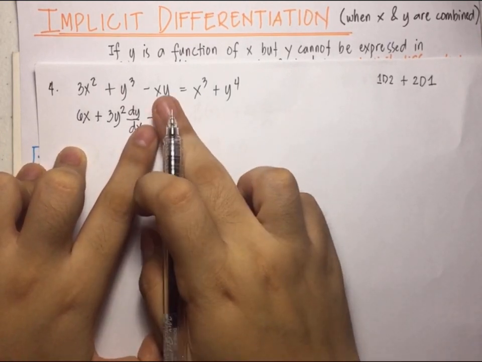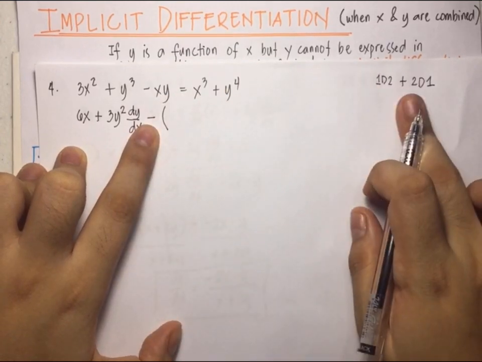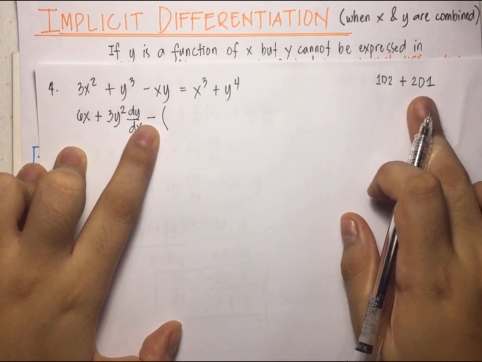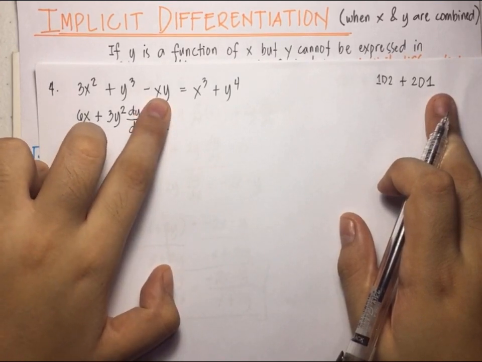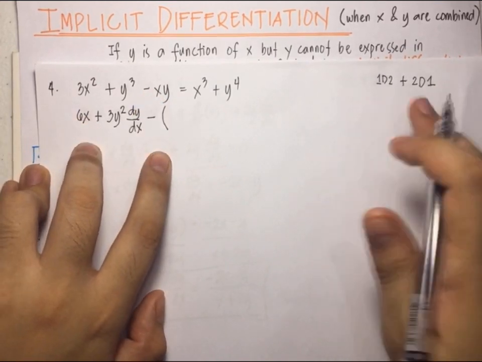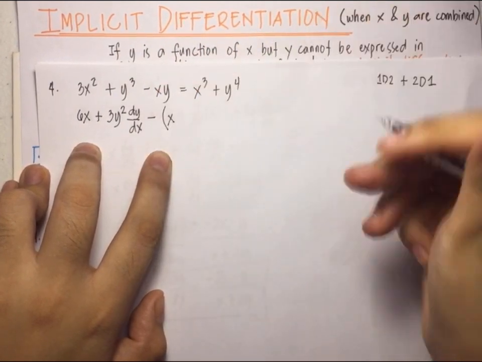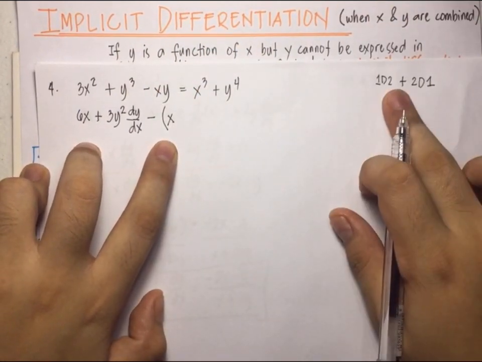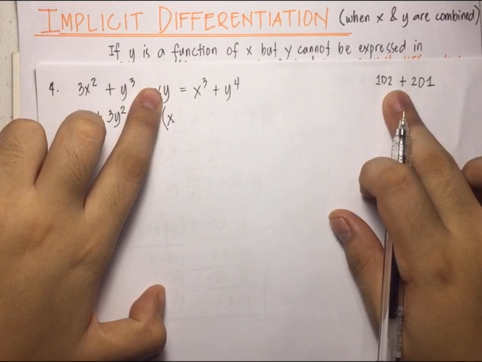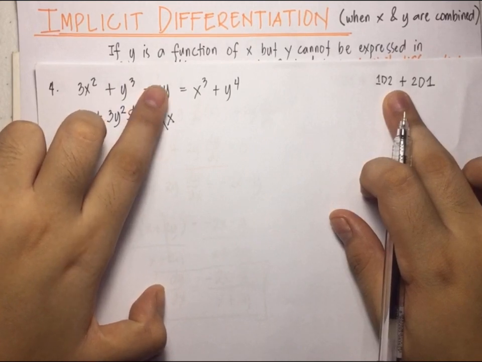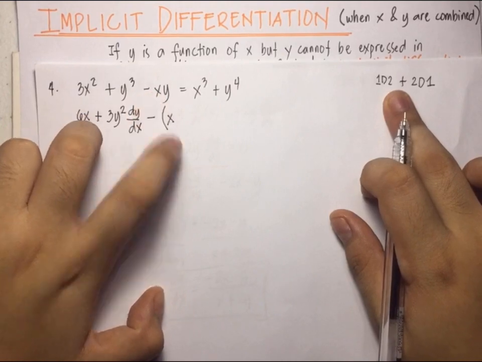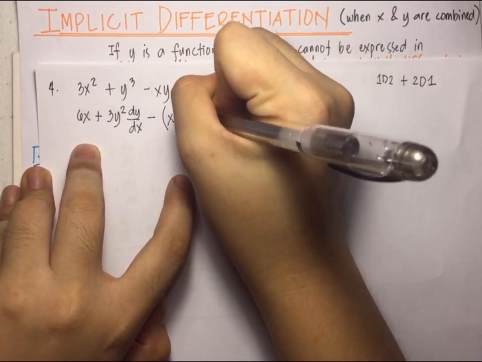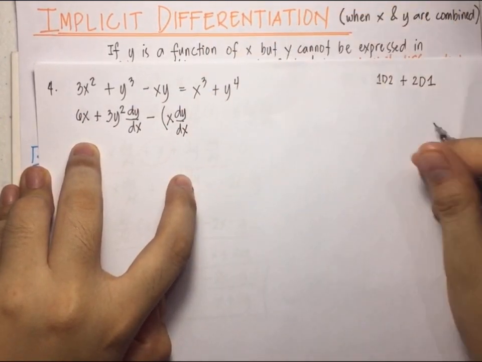So find the derivative of the third term by applying this rule, first d second plus second d first, where x is first and y is the second. So first, x times the derivative of the second, which is y. Derivative of y is 1. However, since we take the derivative of y, we must multiply it by dy over dx.